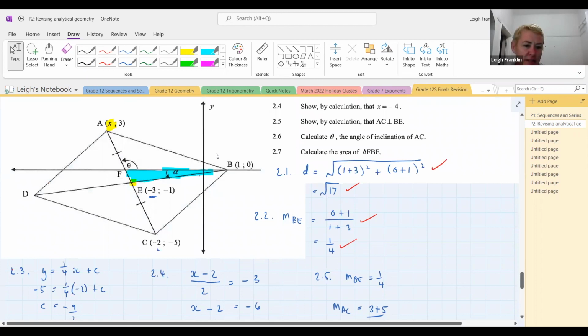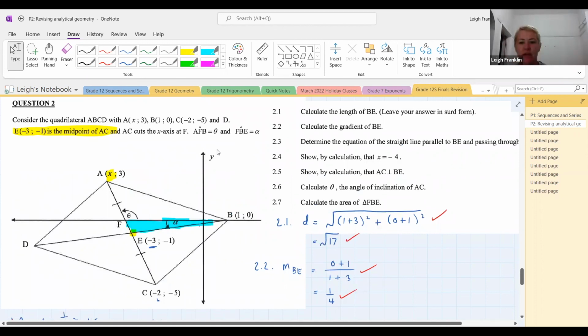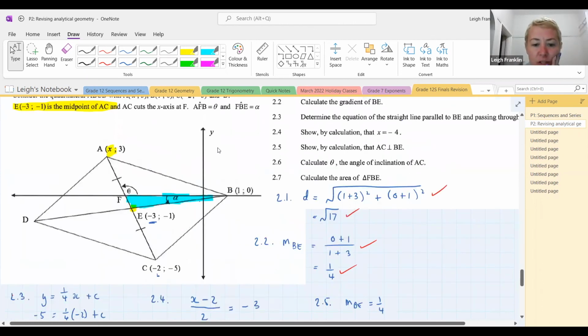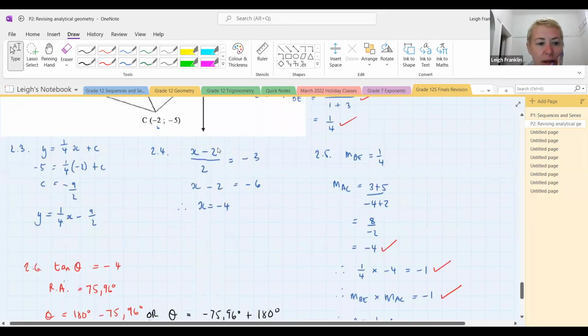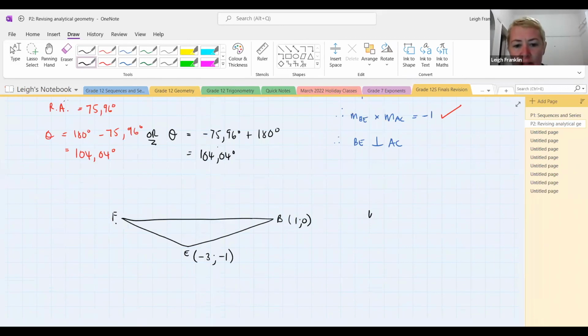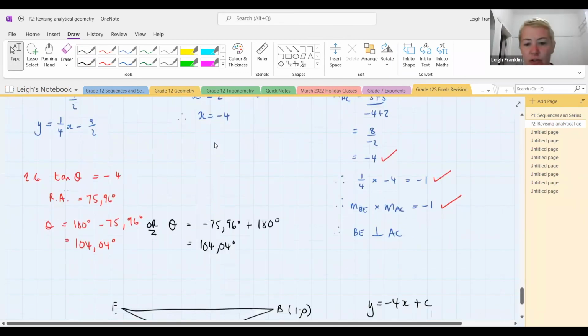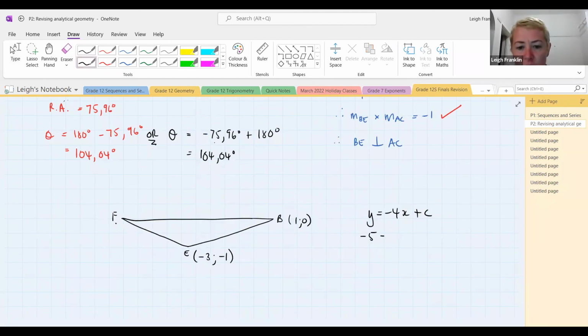F is the x-intercept of AC. Do we know the equation of AC? No, we don't. But we know that the gradient of AC is -4, so we can work out the equation. y equals -4x plus c. AC passes through C, which is -5 and -2, so c is equal to -13.